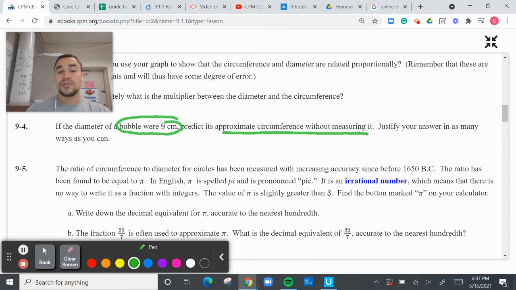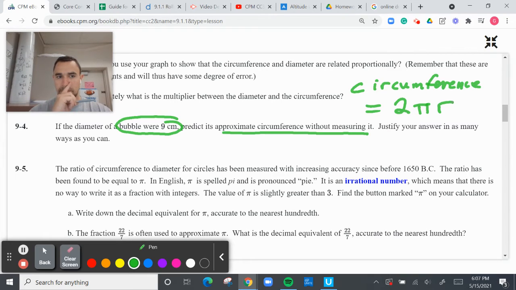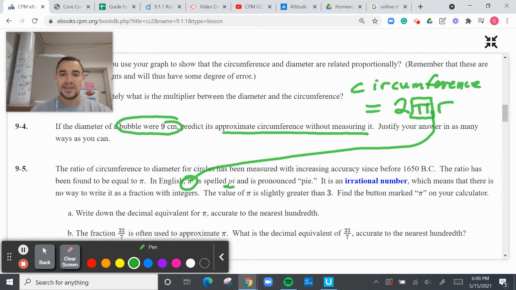In order for us to do this, we're going to learn a few things. For circumference, there is a formula, which is 2 pi r. You're probably wondering what this pi is, and they actually tell us in a little bit, but I want to get a head start. Pi is an irrational number.